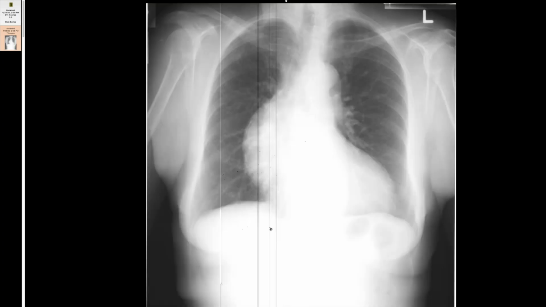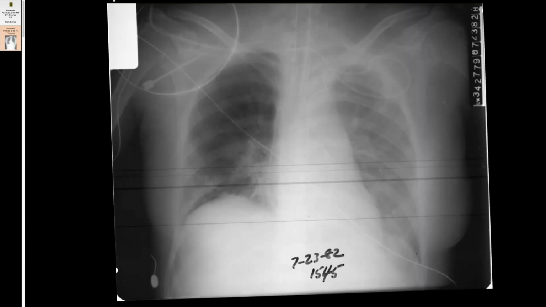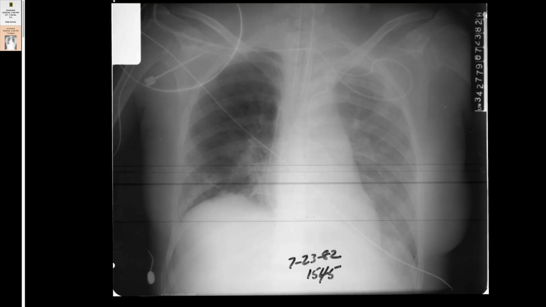Now, another fun case that was in this set of scanned exams is showing you this bizarre catheter course here. Let me show you this Swan-Ganz catheter that was placed from the left subclavian approach. You can see that it heads medially here, so it's entering the left superior intercostal vein, the accessory hemiazygous vein.